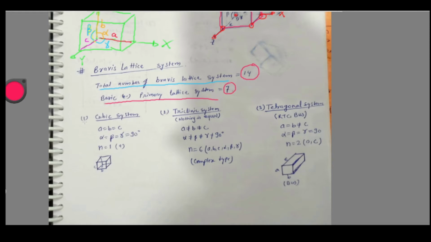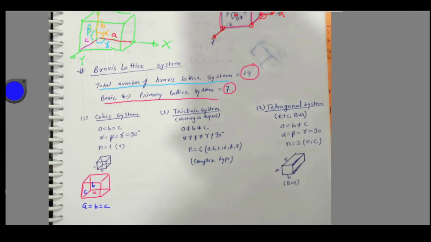The first one is cubic. In the cubic system, sides a, b, c are equal, means a is equal to b is equal to c, these sides are equal.